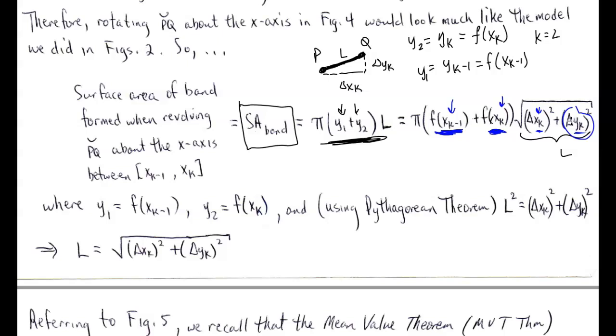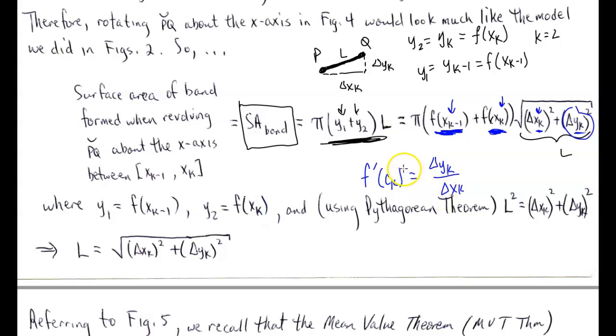Okay, and if you noticed, the mean value theorem guarantees that this is true for that kth interval that we were talking about, if our function is smooth and continuous in the closed interval from x of k minus 1 to x of k, and differentiable for values strictly in between x of k minus 1 and x of k.